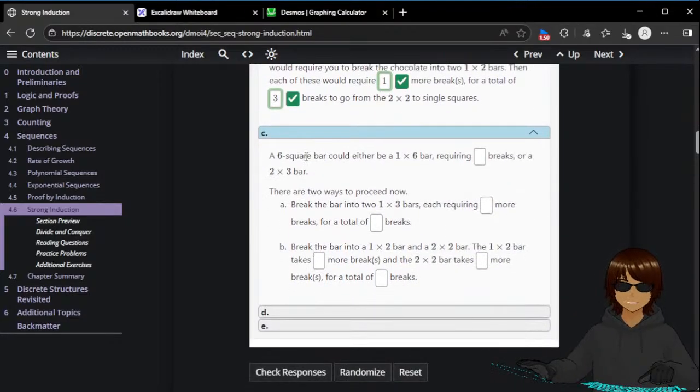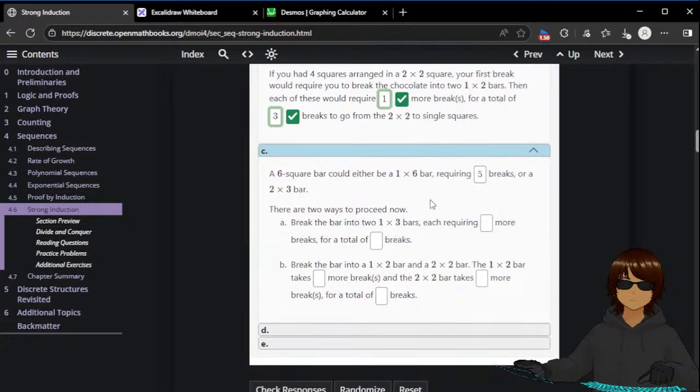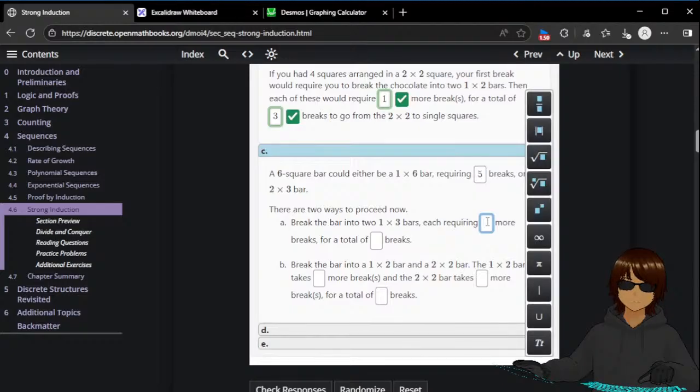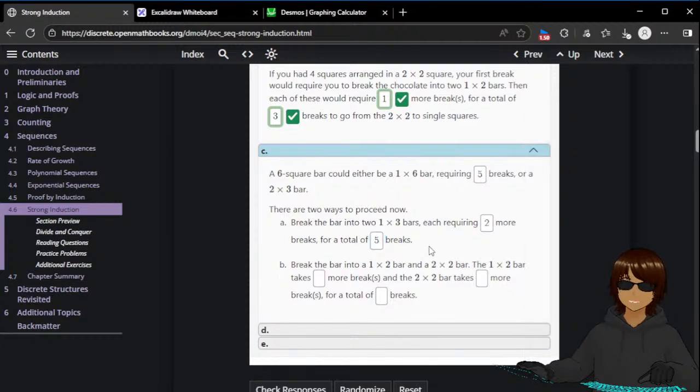A 6 square bar could either be 1 times 6 requiring 5 breaks or a 2 by 3 bar. There are two ways to proceed now. Break the bar into 1 by 3 bars, each requiring 2 more breaks, for a total of 2 plus 2 plus 1, 5. Break the bar into a 1 by 2 bar and a 2 by 2 bar.